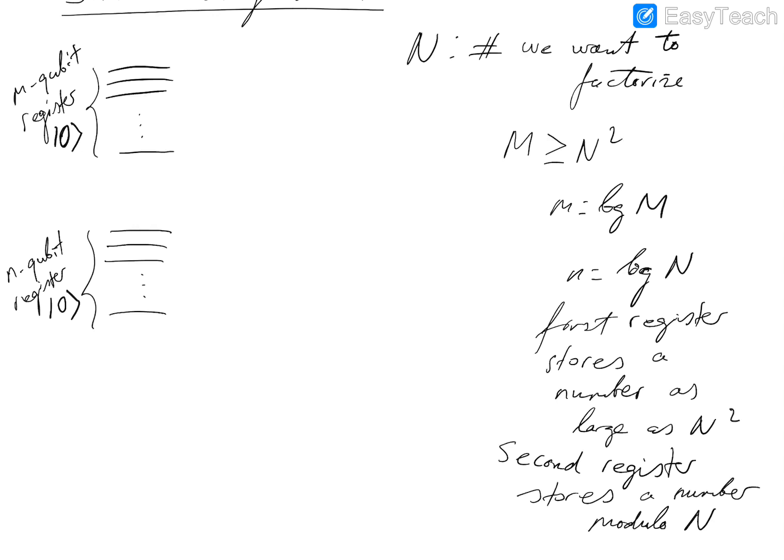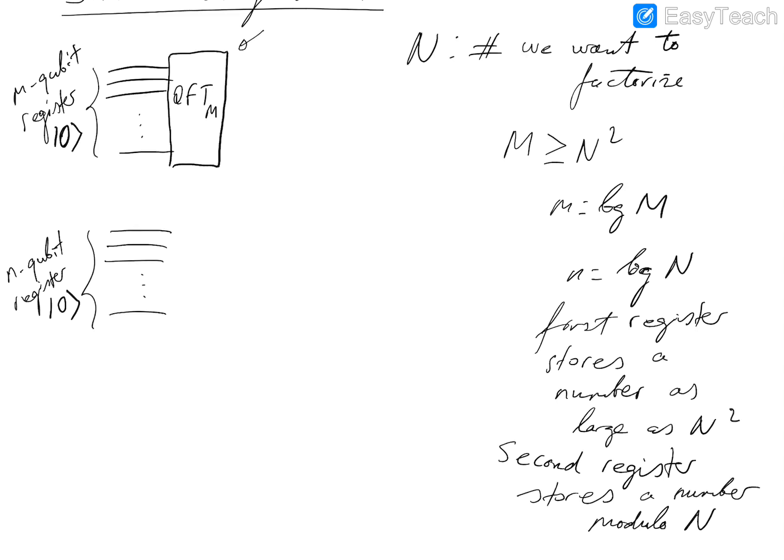And what we do first is that we apply the quantum Fourier transform on the first register. Actually, in some books in literature, this is replaced by the Hadamard transform, an m-dimensional Hadamard transform, but they practically do the same thing.